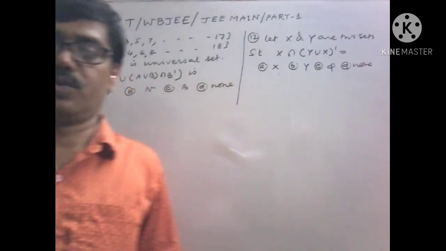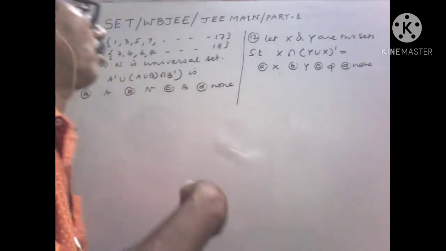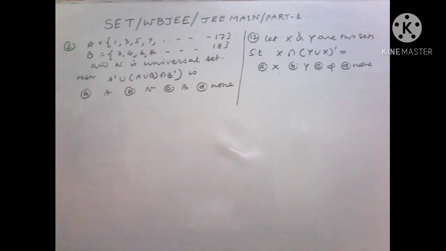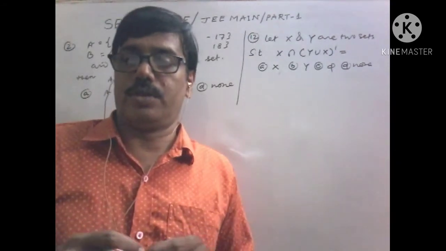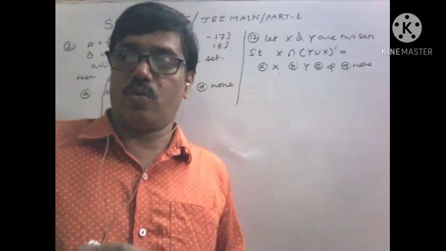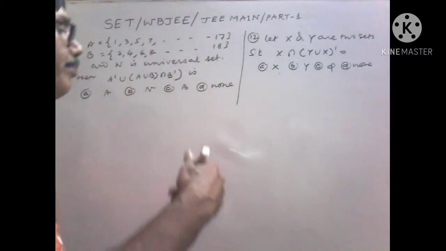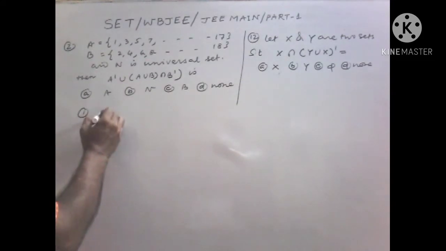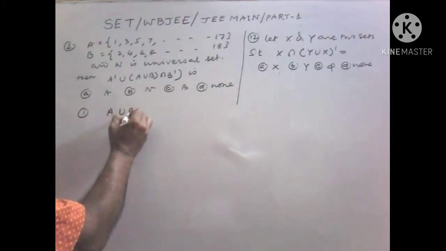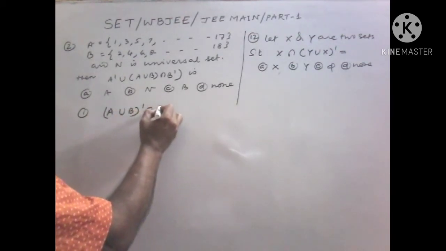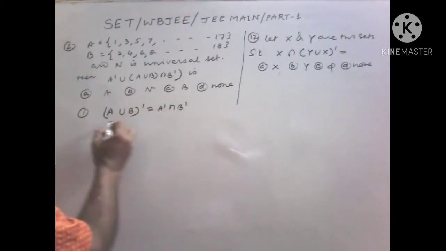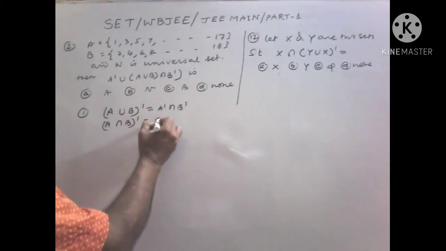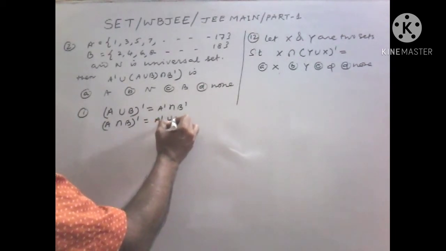Now we consider two similar problems, 2 and 12. To solve these problems we need the algebra of sets. We will use these results: (A union B)' equals A' intersection B', and (A intersection B)' equals A' union B'.